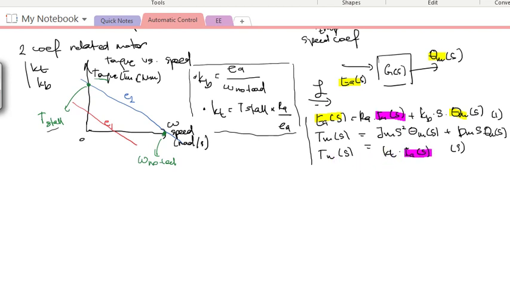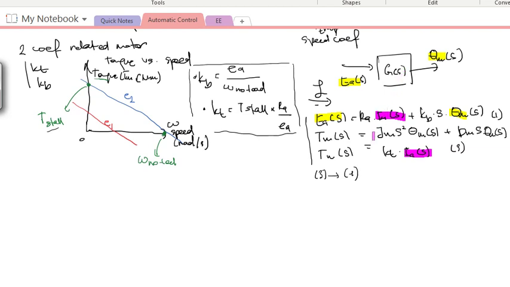So the first step will be to replace equation 3 in equation 1. Instead of IAS here, we would have Tm over Kt. But Tm is also another unknown that we don't want in the transfer function.